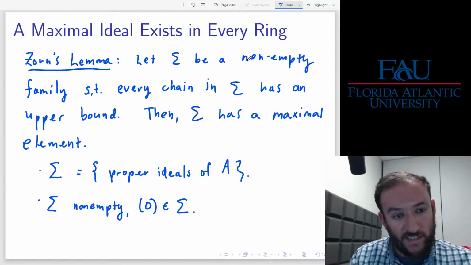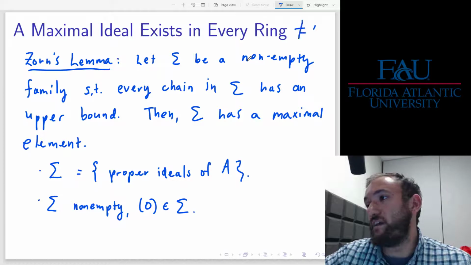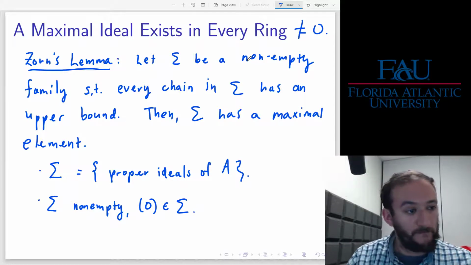And just to verify that 0 is in fact a proper ideal, we should specify that this is not equal to the zero ring.